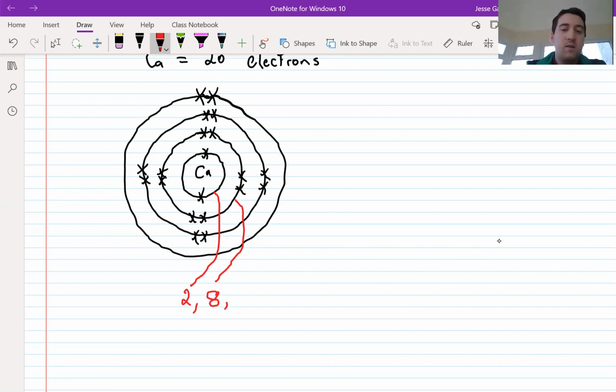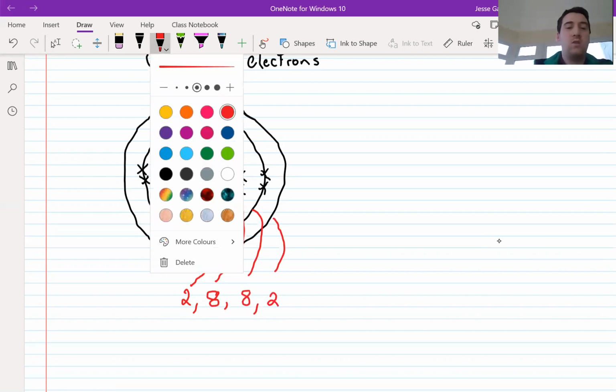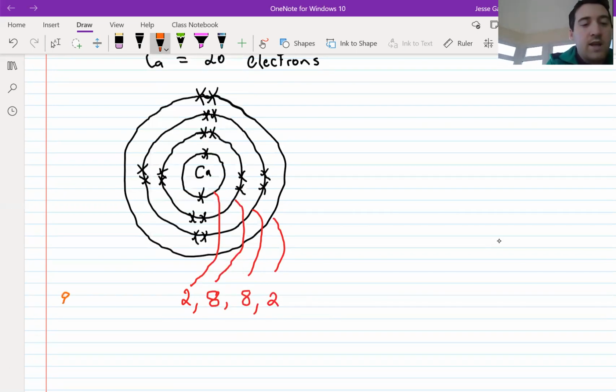The third shell has 8 electrons as well. And then the fourth shell, another comma, well, it has 2. So we write 2. What we've done here is we've written something called the electronic configuration.